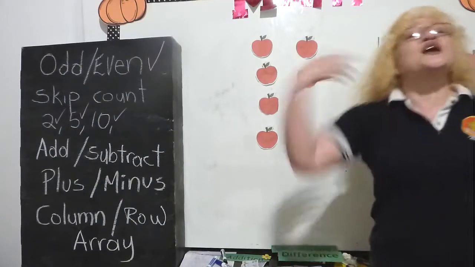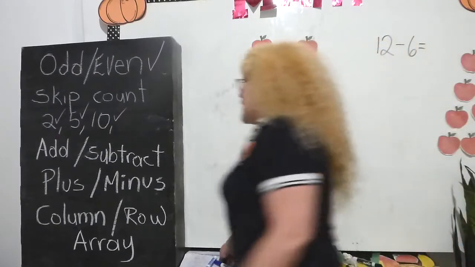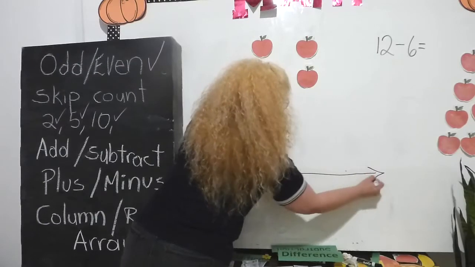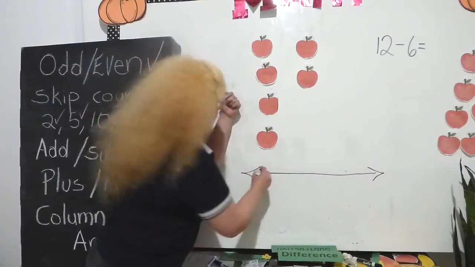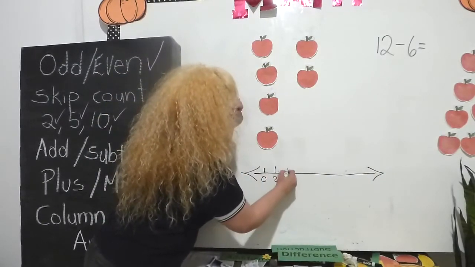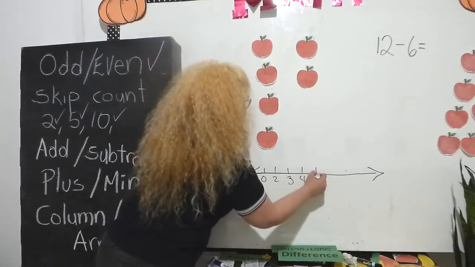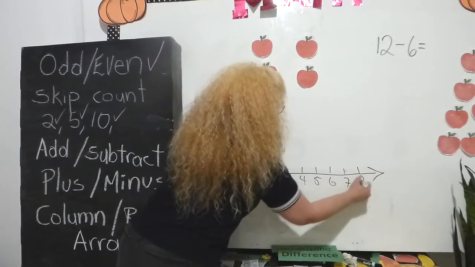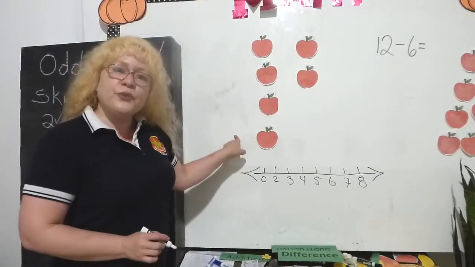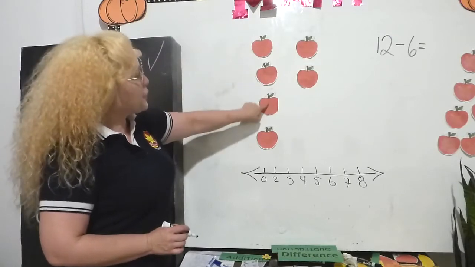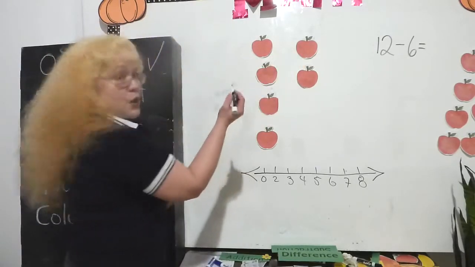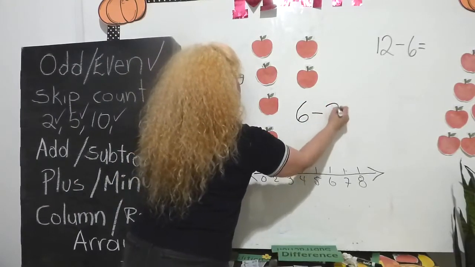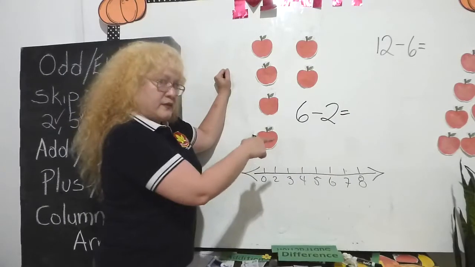Okay, there's another way of subtracting. And you can use the number line to subtract. Okay, how many apples do I have left? 6. 1, 2, 3, 4, 5, 6. So, I'm going to subtract 2 from those 6.